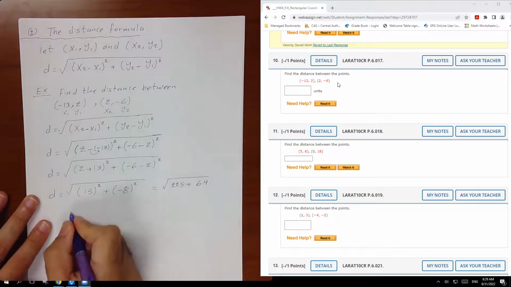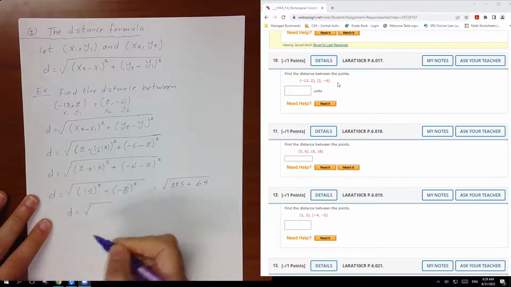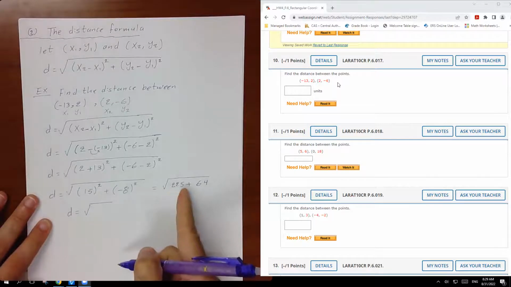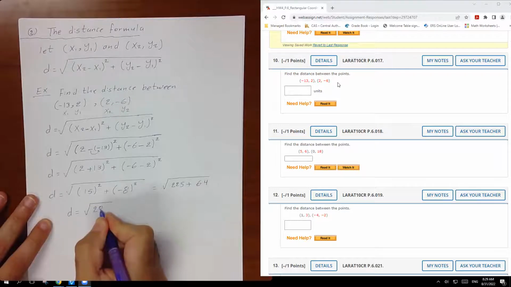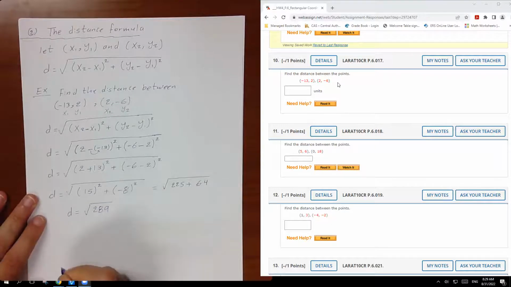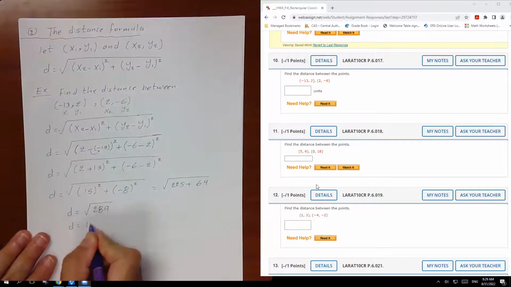That means the distance is going to be 225 plus 64, which is 289. So who's going to tell me what's the square root of 289? The distance is going to be 17.